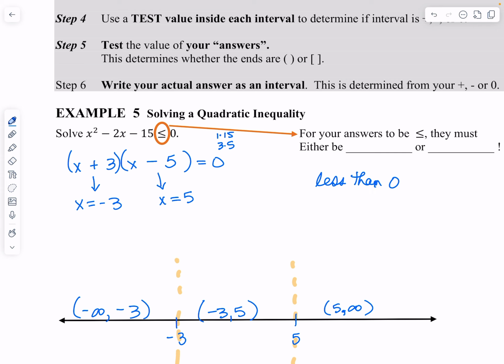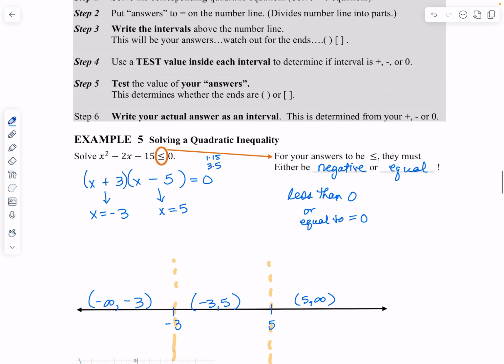Less than 0 is going to be negative. Okay, so your answer is going to be either negative or equal to 0, right? So either less than or equal to my 0.